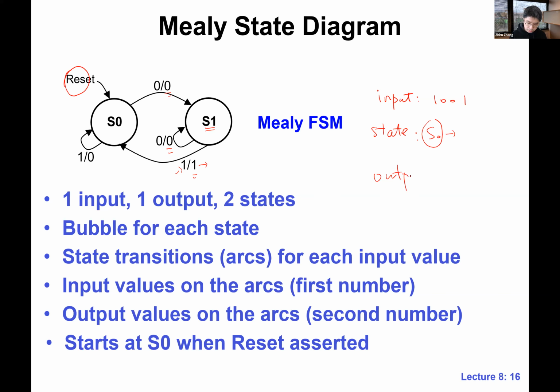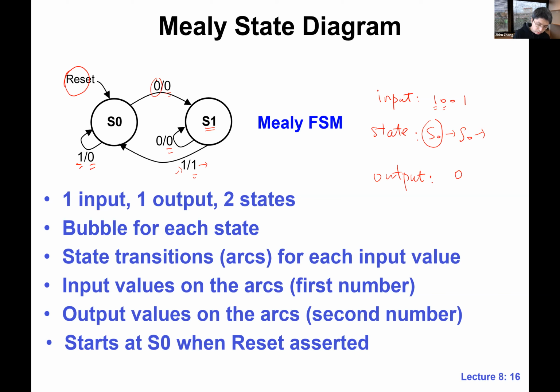We can also look at the output. From S0, when we see a 1, we stay at S0, and we output 0. So we're done with 1, you move on to 0.